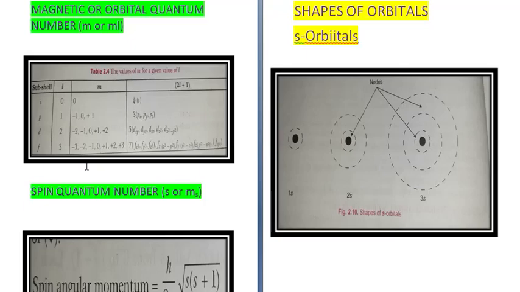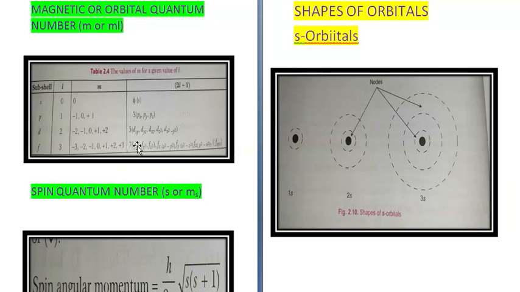In the same way, for the d subshell, what do you get? l is 2. The value of m will range from minus 2, minus 1, 0, plus 1, plus 2. It is from minus l to plus l. In total, 2l plus 1 makes it 5 values.